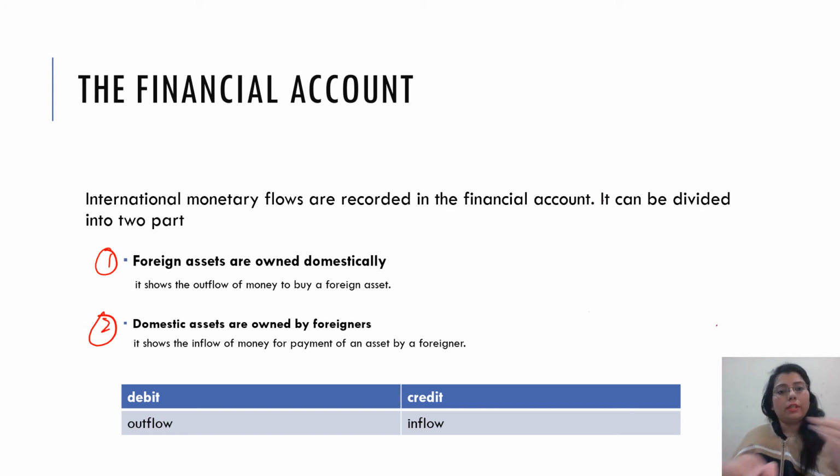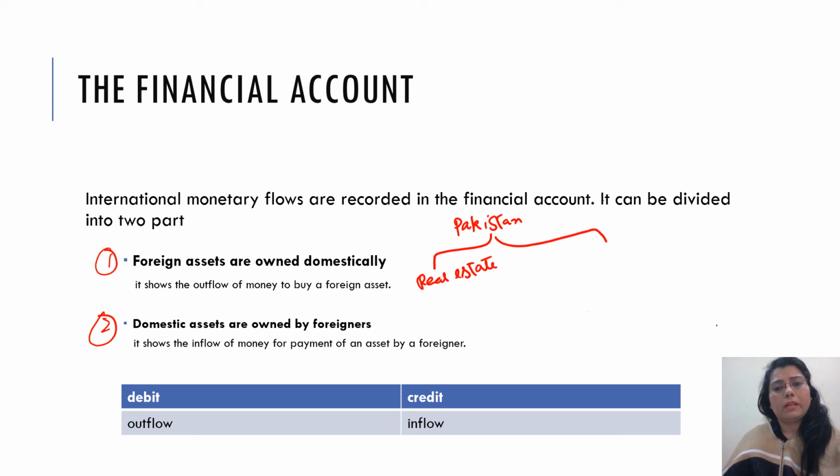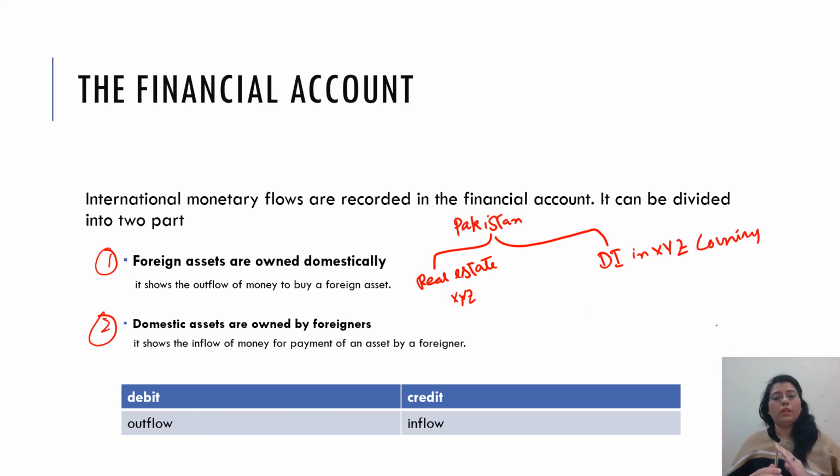In the first case, we check if Pakistan is investing in real estate, or Pakistan is doing any direct investment in XYZ country, that means money is going out from our country.